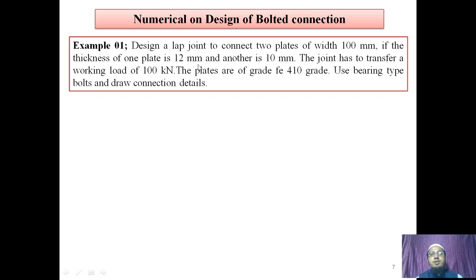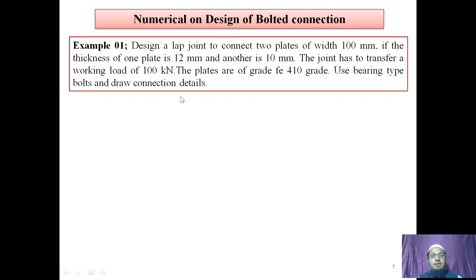In the previous session we just solved bearing and shearing strength. Now here we have to design. That means we have to provide the number of bolts along with connection details, that is pitch and edge distances. For this we have to know how much load this connection is going to transfer. Here the connection has to transfer a working load of 100 kilonewton, the plates are of grade 410, and we have to use bearing type bolts.